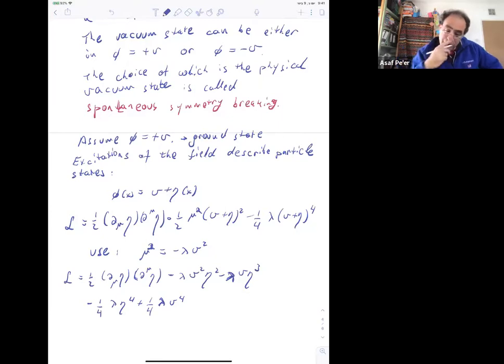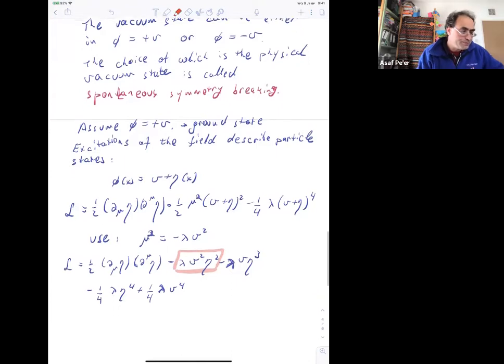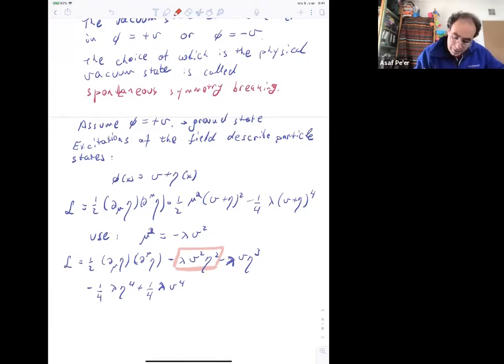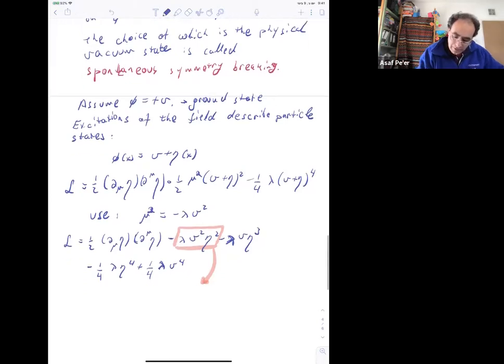So we have one term that is proportional to eta squared, which is this term. So we can interpret this term as a mass of the eta field, which means that the mass of the eta field is square root of 2 lambda v squared.